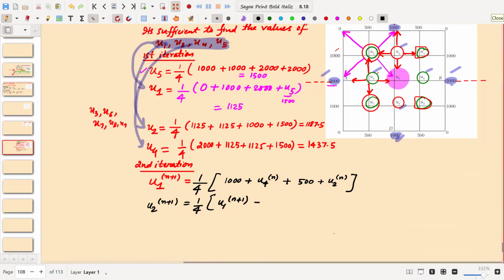Plus 1000 plus U5n plus U3n. But you already know that U3n is nothing but U1 of n. Same thing you can write.